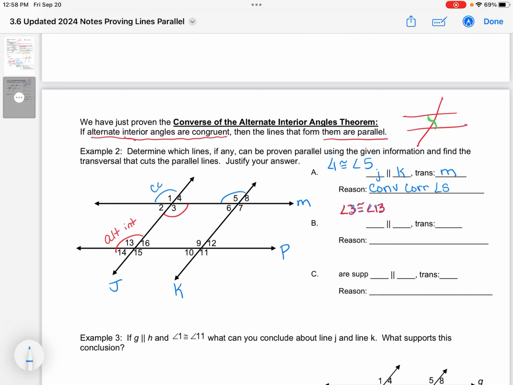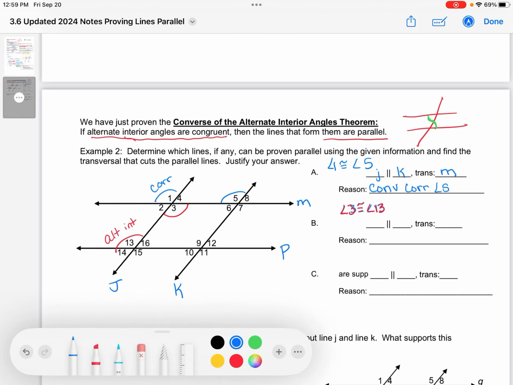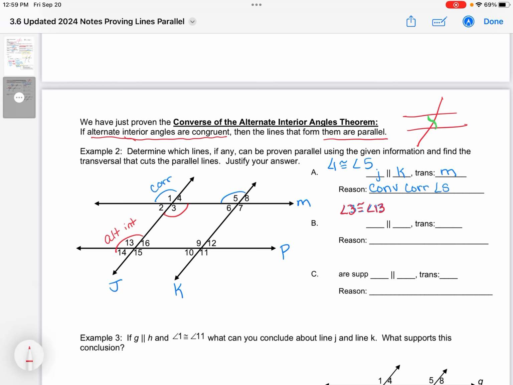And I guess I can write this on here. These are corresponding. So that means that M and P are parallel, with J being the transversal. And the reason is converse alternate interior angles.